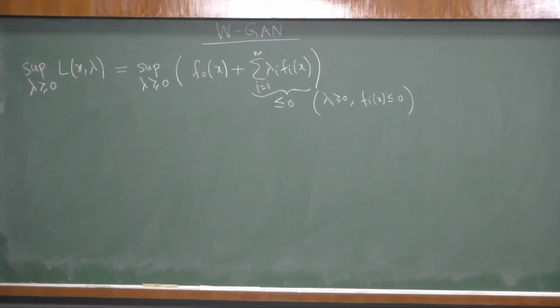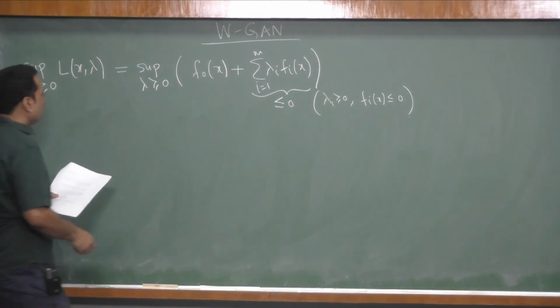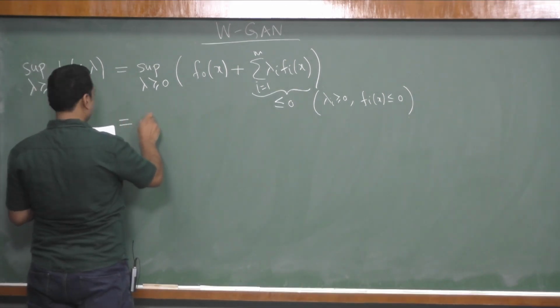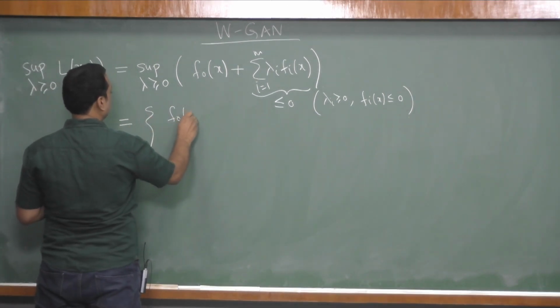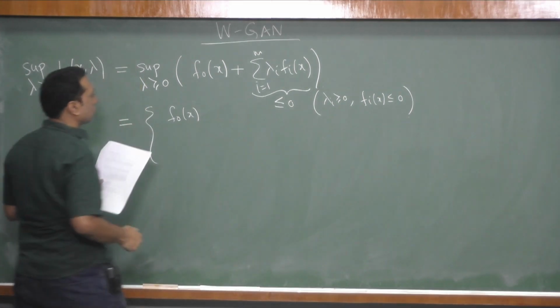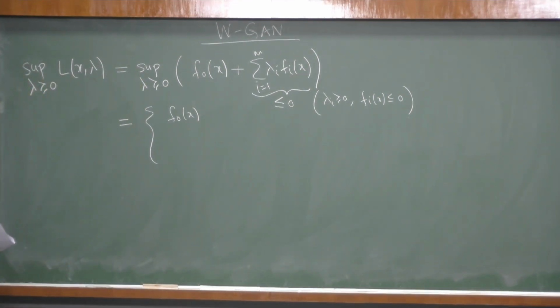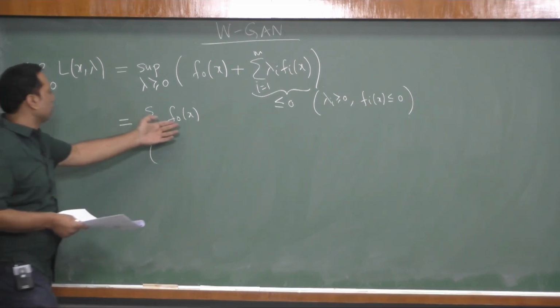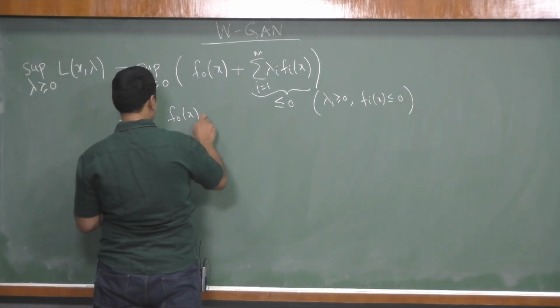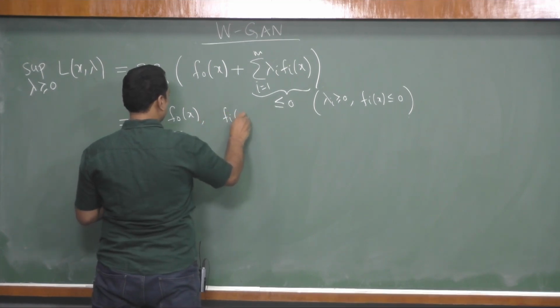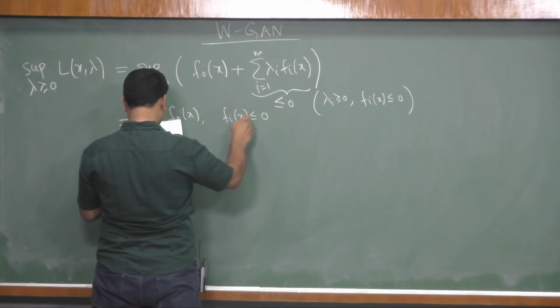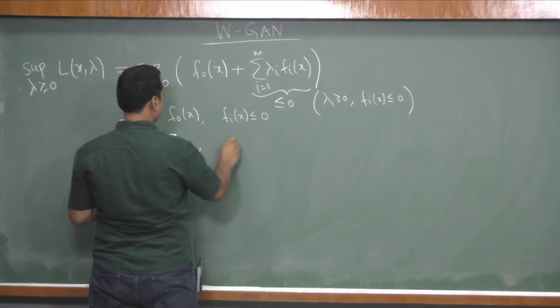So you know that the sup of this can be at best f naught x, because lambda i you can choose to be 0. So at best what you can do is f naught x, if f i x is less than or equal to 0, and it's infinity otherwise.